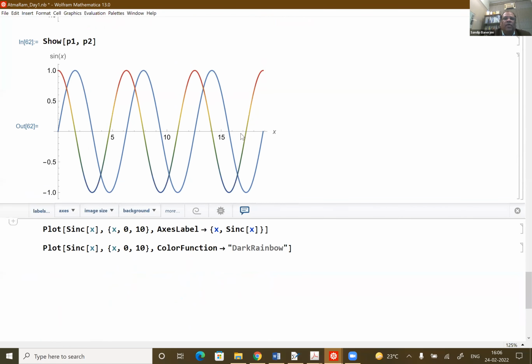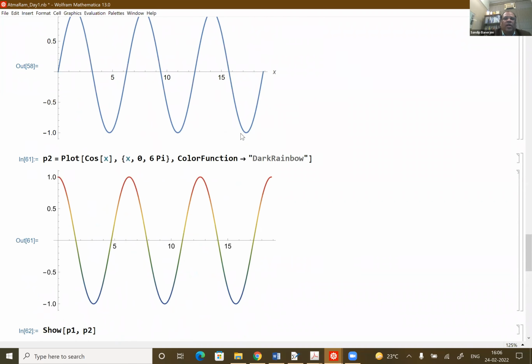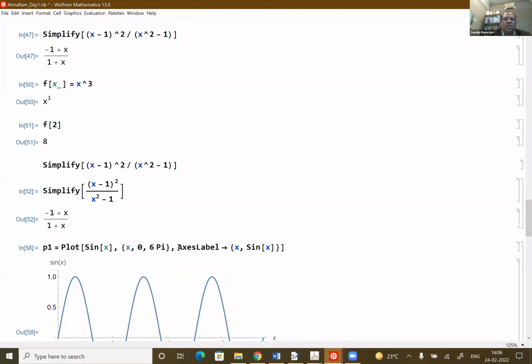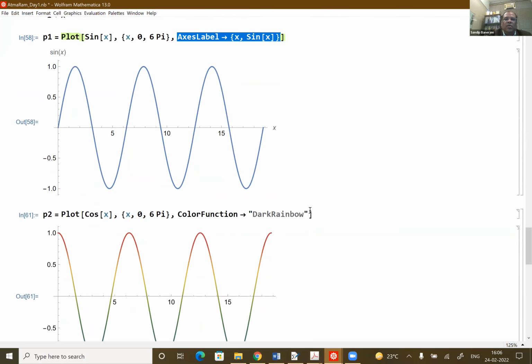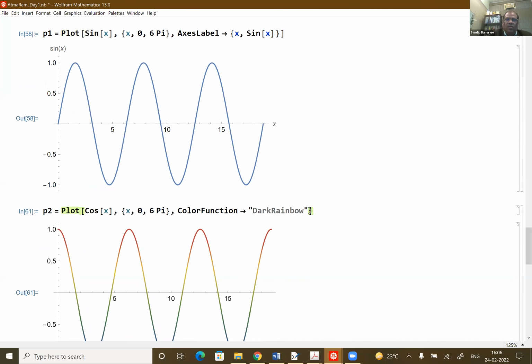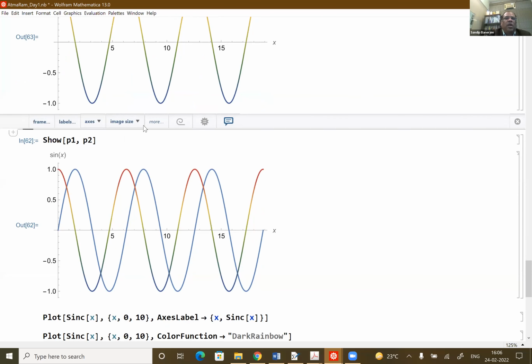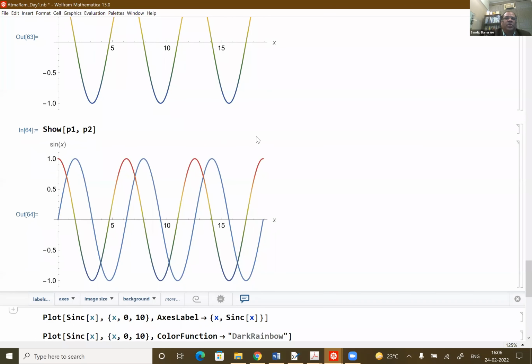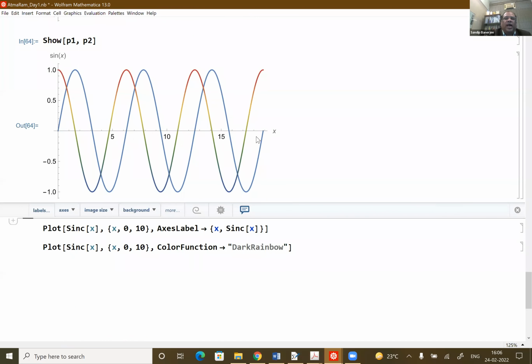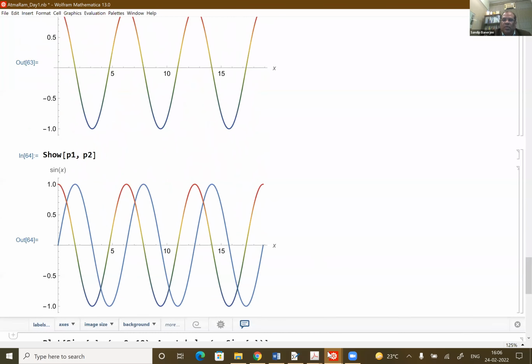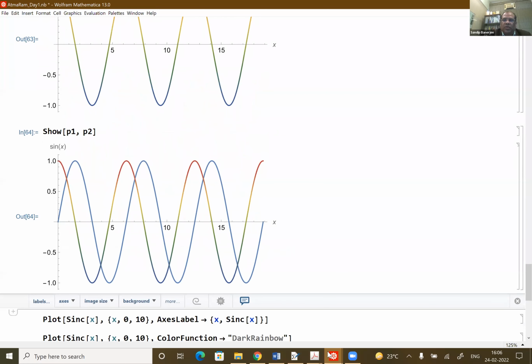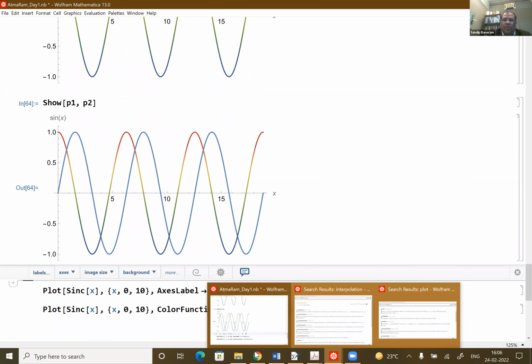Now if you want, you have two different things. Okay. So now you know which one is which, which one is sine x, which one is cos x. But there is another expression.